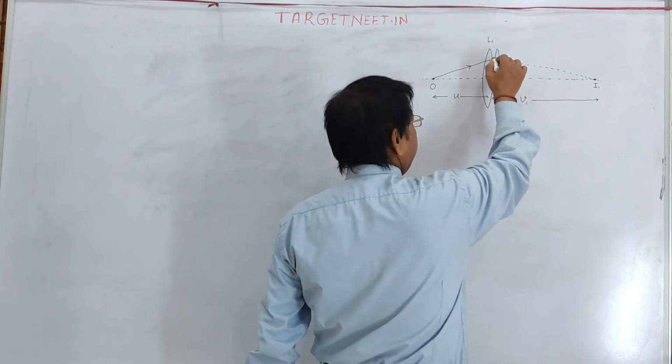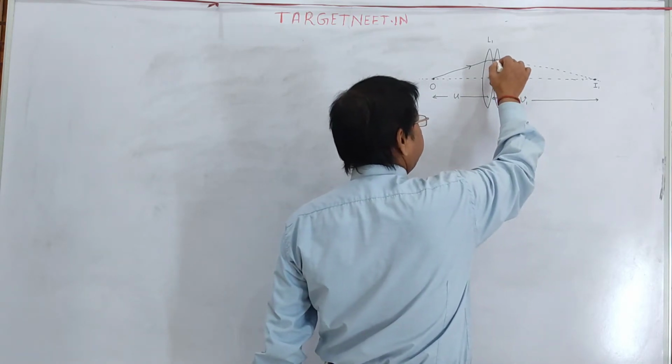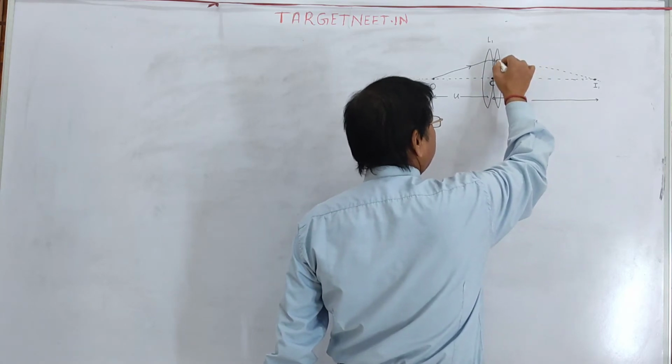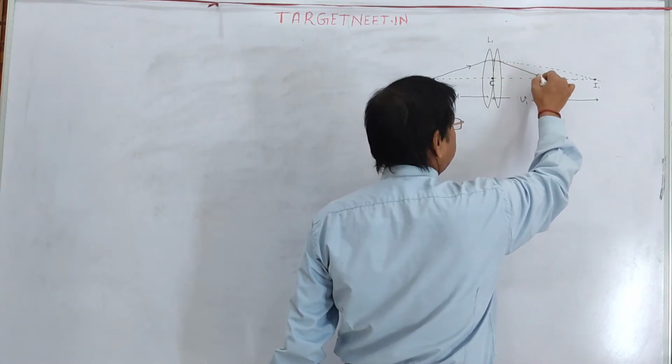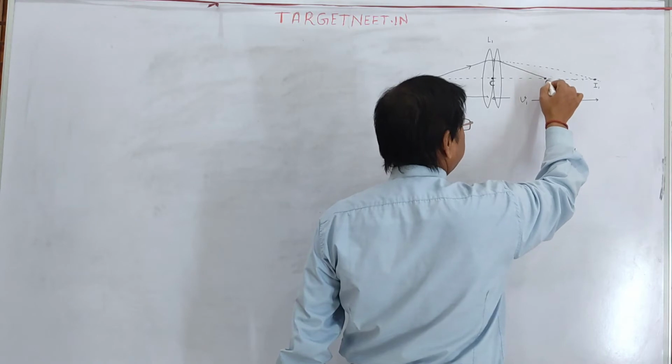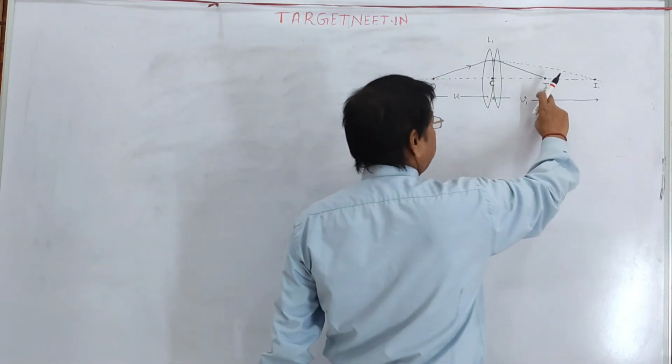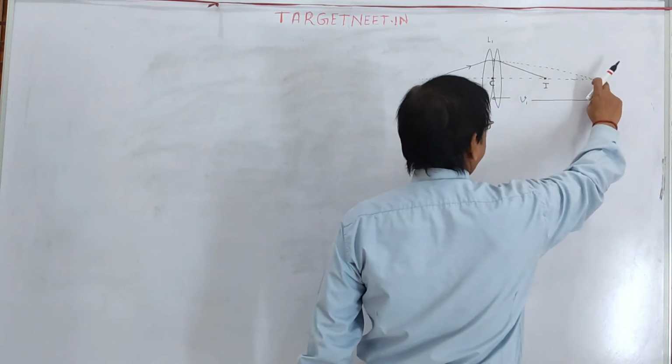Now when this ray is incident on the second lens, it further converges. After convergence, let it follow this path. So this is the position of the final image. So for the second lens, this is the image and this is the object.